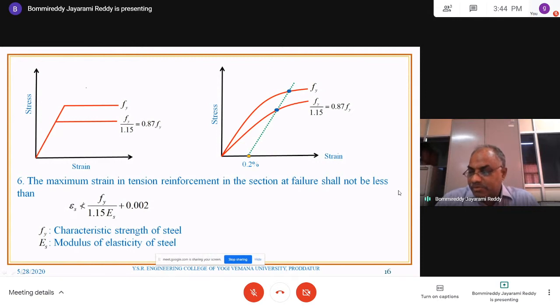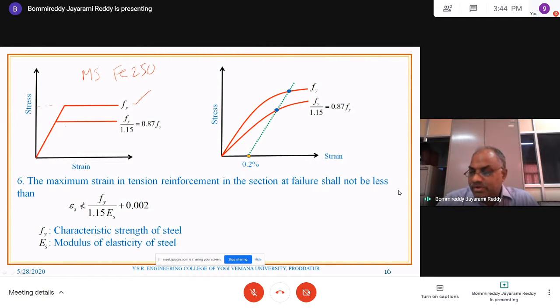In case of mild steel, or otherwise Fe 250 grade steel, up to a certain point it is linear, and afterwards some curve will be there, and we neglect that. Once it yields, the same magnitude is taken till failure. That is called Fy, the characteristic strength of the steel.